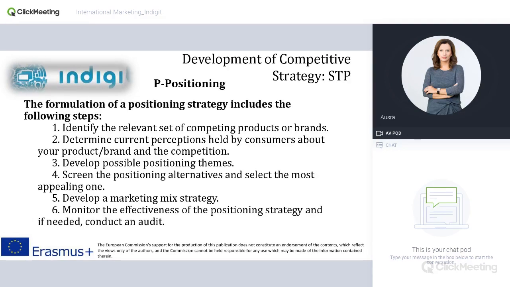Based on that, the SME should develop a marketing mix strategy, that is product, price, distribution or place, and communication or promotion. And then the SME should monitor the effectiveness of the positioning strategy and, if needed, conduct an audit.